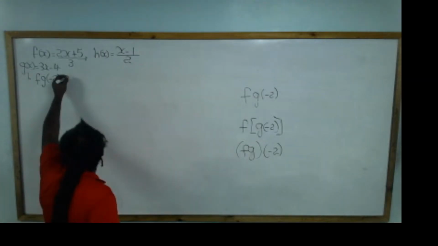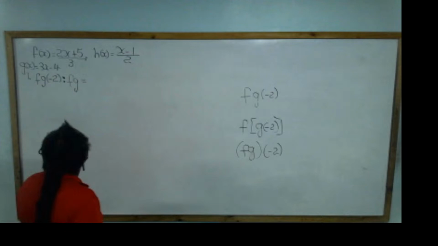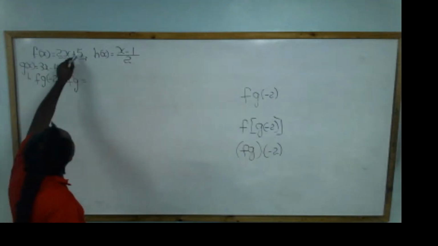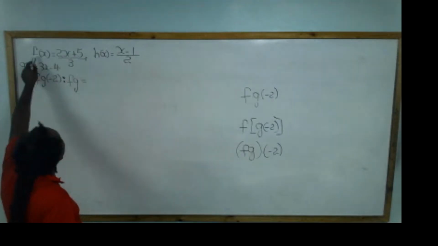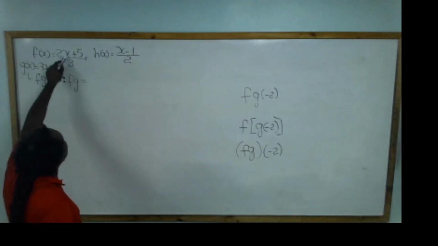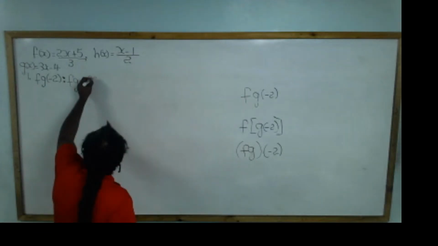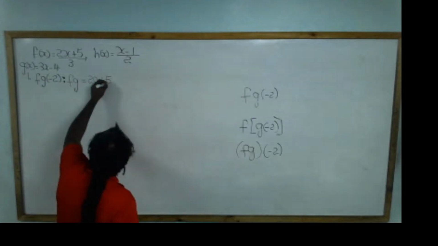Let's go. First thing that we're going to find is f of g. So f of g, we remember from last week, f of x is 2x plus 5 over 3. Then f of g must be 2g plus 5 over 3.